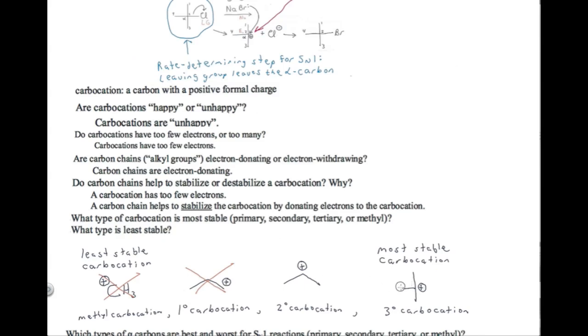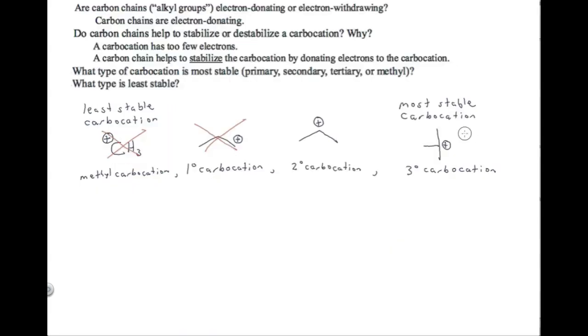This ranking doesn't mean tertiary is always better than secondary or that secondary is always better than primary. It means that a tertiary carbocation is better than a secondary carbocation, which is better than a primary carbocation, because of this logic that we went through. Notice that this logic wouldn't apply to a neutral carbon. It only applies to a carbocation, because only the carbocation has too few electrons.